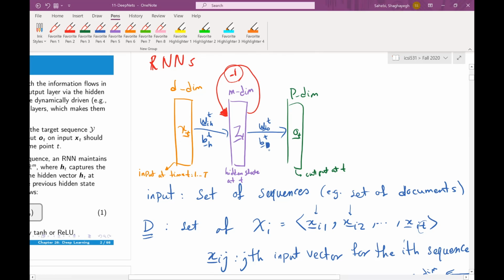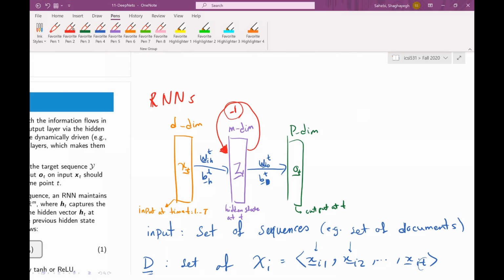In addition to those, you remember that we had this feedback loop, right? So we need some parameters for the feedback loop also, and that is WH between hidden layer and hidden layer at time t, and B between hidden layer and hidden layer at time t. For each layer, we only need one bias parameter vector. So we can just get rid of one of them, and just keep this vector.